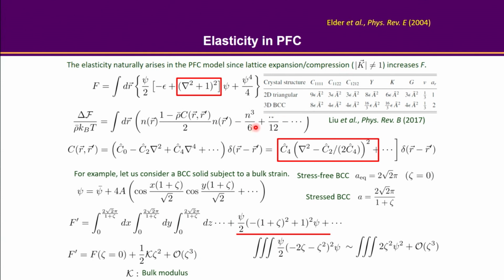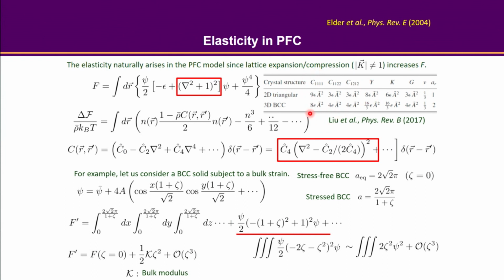If you really work out, for example for the BCC, you can get C1111 or C1122 or C1212, and that will be proportional, for a stress-free BCC, to the amplitude. First, you know what the amplitude is. So now you are getting all those elastic or stiffness tensor components.